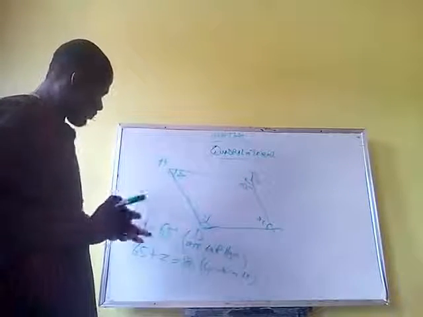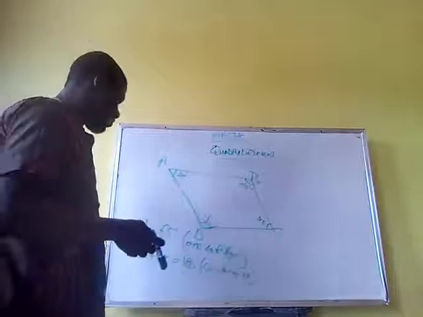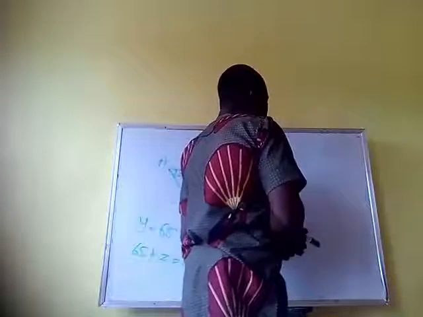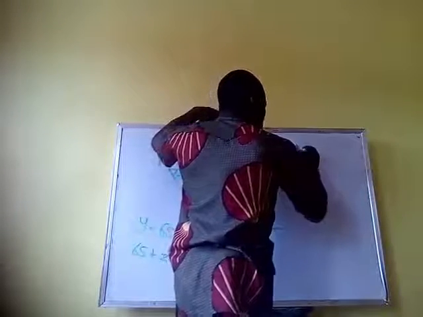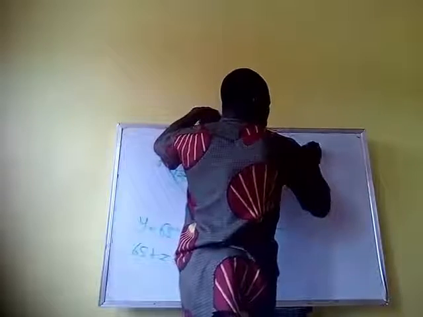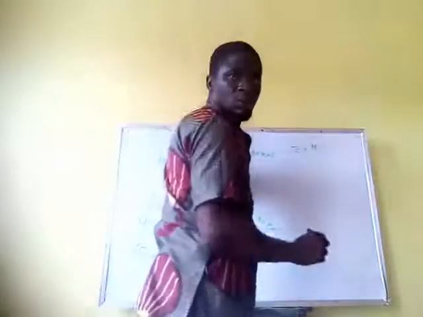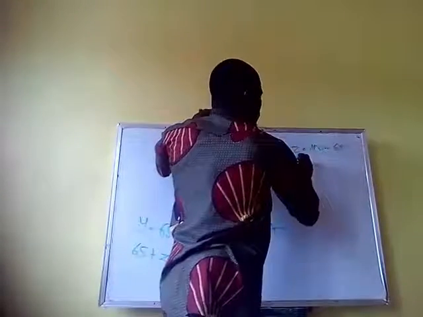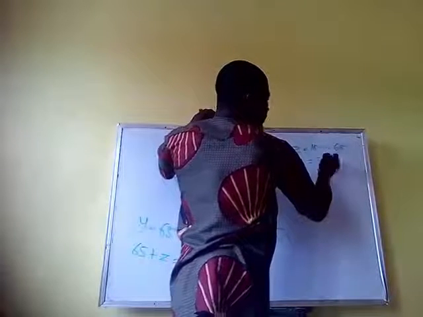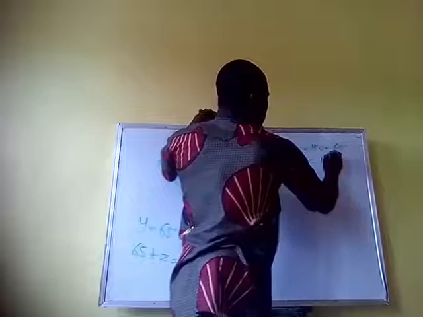So if 65 plus z is equal to 180, what is actually z? z will be 180 minus 65, which gives z to be 115 degrees.